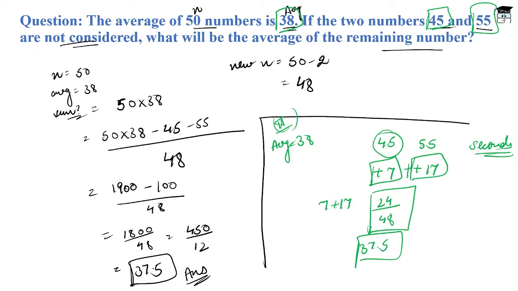When you add these two, it becomes 24 and you will divide it by n. What is the n? It is not 50, two numbers are deleted, so the new n is 48. 24 divided by 48, the answer is equal to 37.5, and this is very simple to calculate. Right, I hope this is clear to you all.